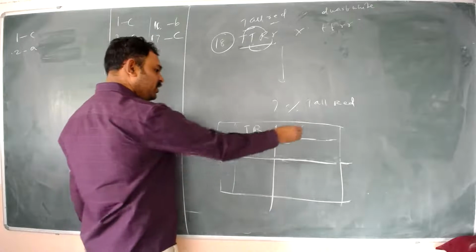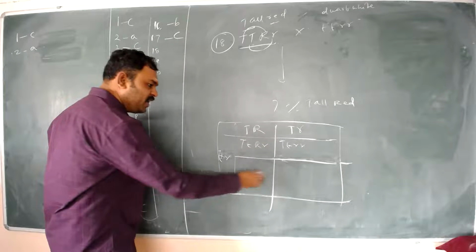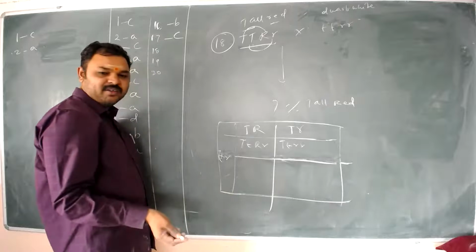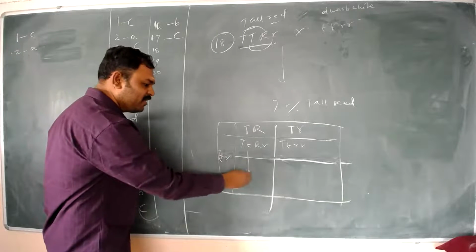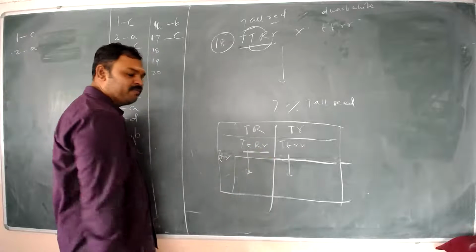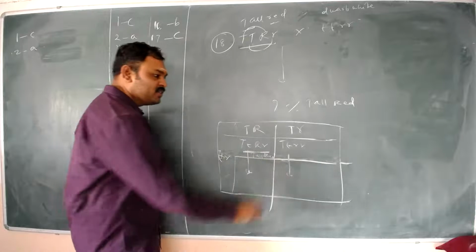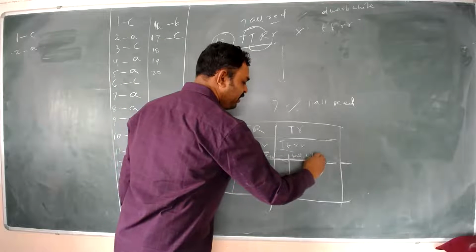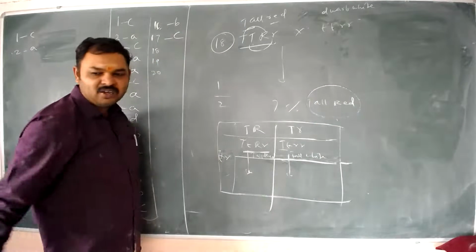Next one, capital D, small r, small r. Next time the same will repeat here. So no need to count for 2 or 4, but the result is the same. Suppose out of two, how many reds are there? This is a tall red. But this is called a tall white. Out of two clients, one is the tall red.